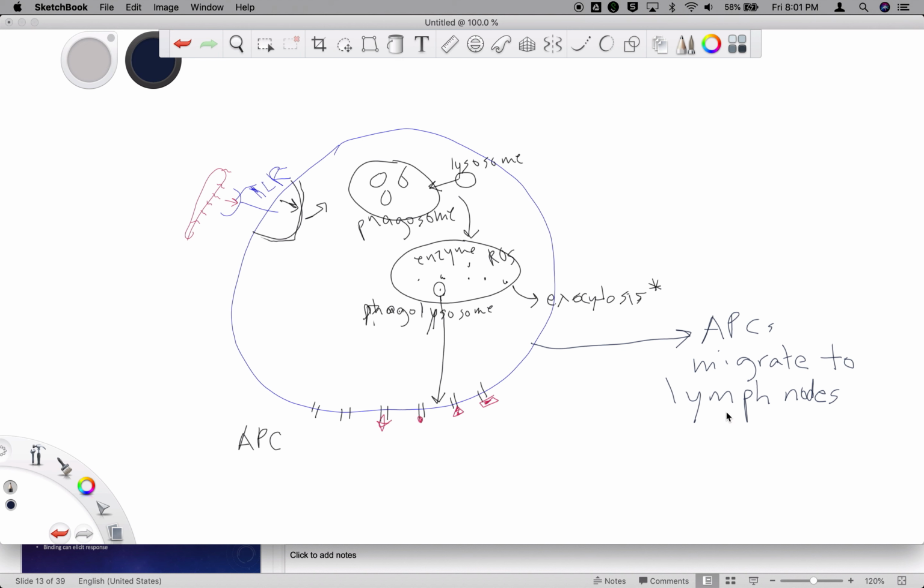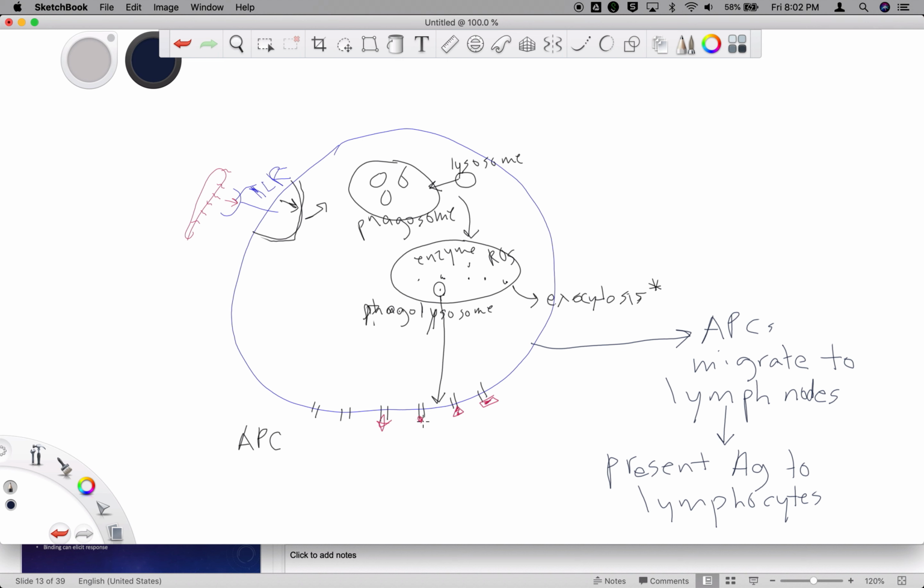So their job is to go to our lymph nodes, where they will present antigen, or little pieces of that bacterial cell, which we call AG, to our lymphocytes. Okay, and we'll talk in a lot of detail about how this happens in chapter 13.